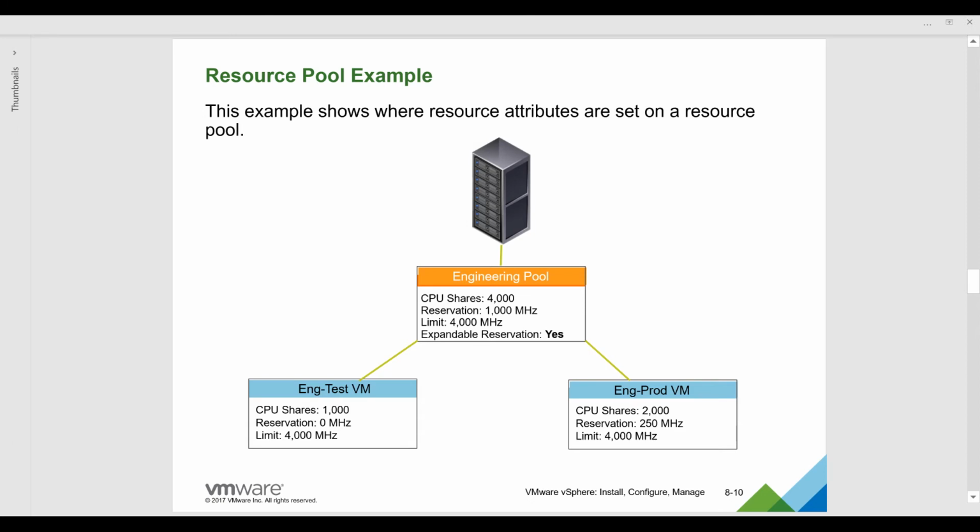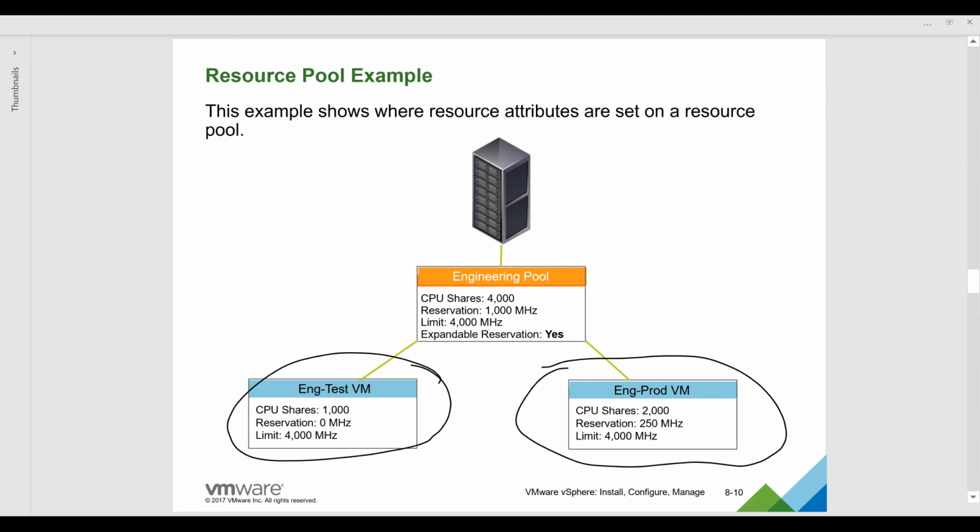So in this example, we have an engineering pool with 4,000 CPU shares. We're going to reserve it at 1 gigahertz. We're going to limit it at 4 gigahertz, but we're going to let it be expandable. And we're going to create a test VM underneath it, and we got a production.